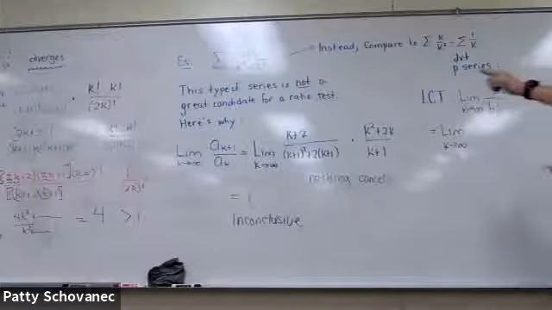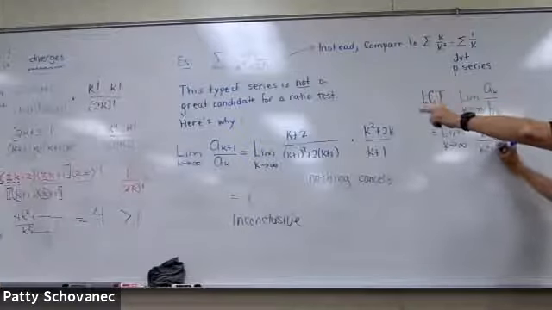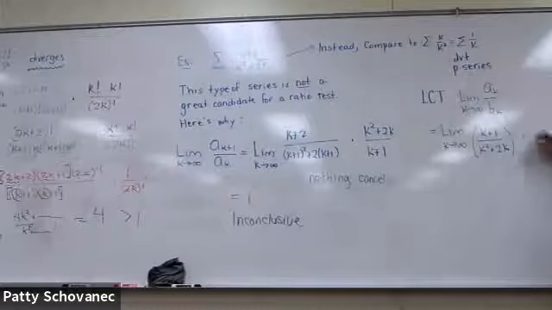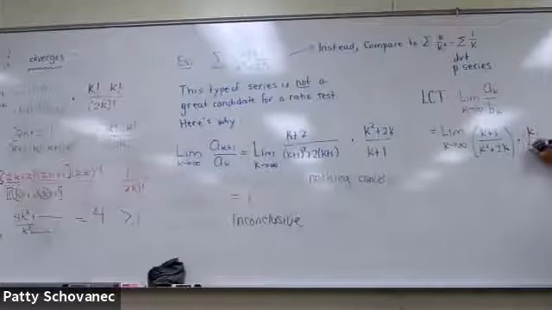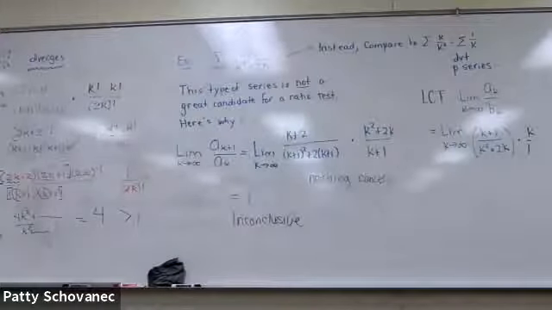The a_k has a k plus 1 over k squared plus 2k. I'm going to divide it by that, so let's go ahead and flip and multiply. The top behaves like a k squared polynomial. The bottom is a k squared polynomial.